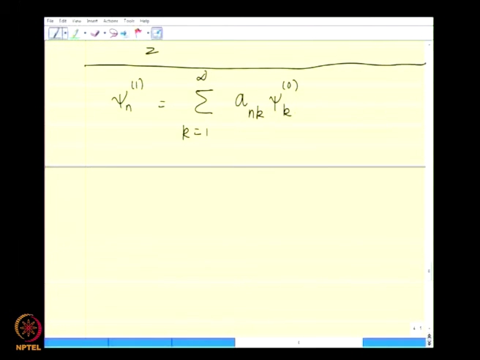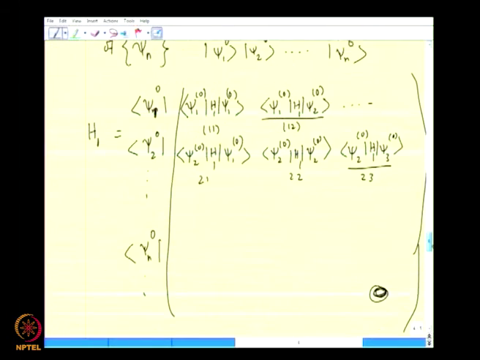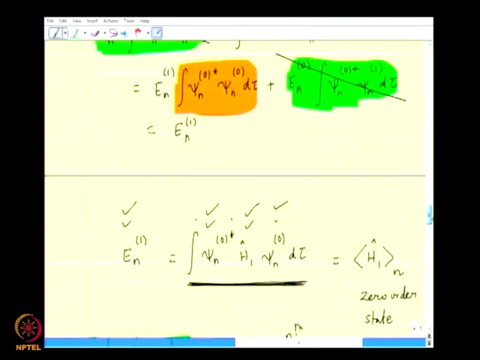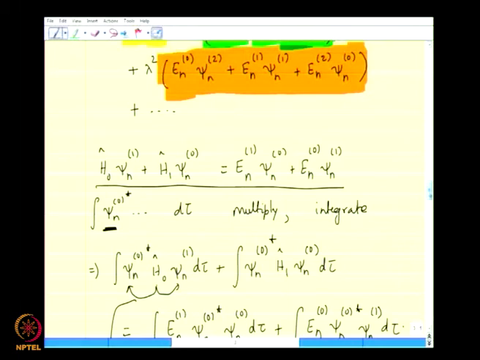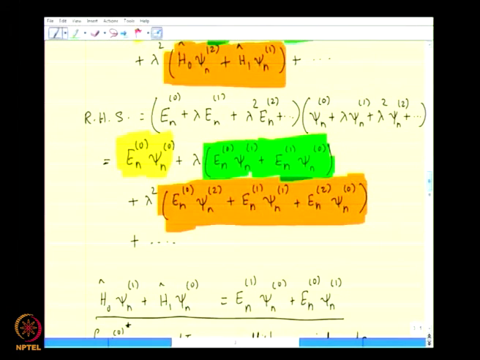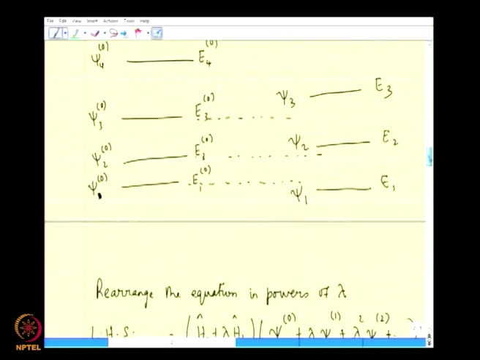Psi k 0. Okay. Now, only one thing that needs to be taken care of is that this is fine, but why include in psi n1 the quantity a n n psi n0? Why include that? We do not need to, because if you remember the correction to the first order wave function, let us go up a little bit.